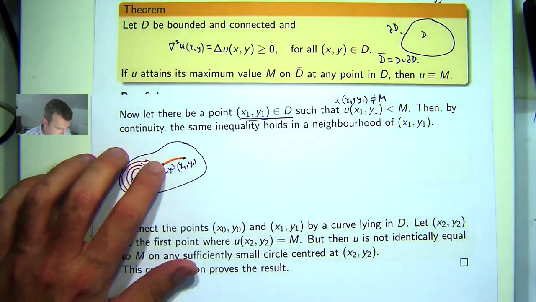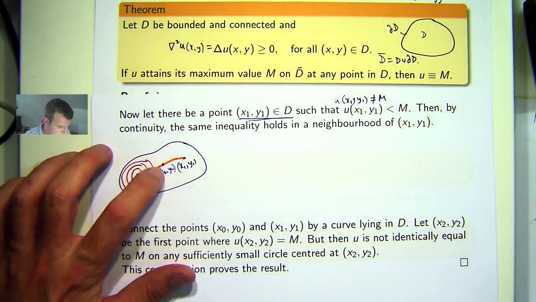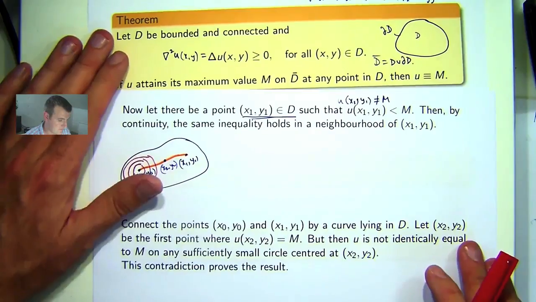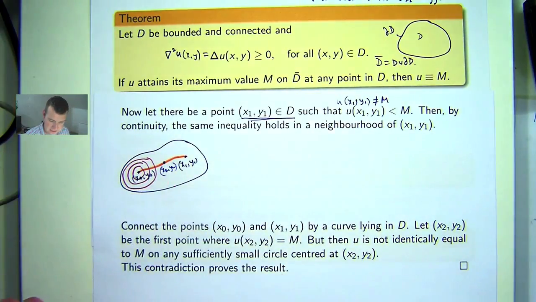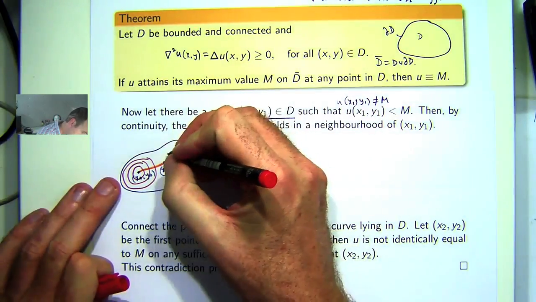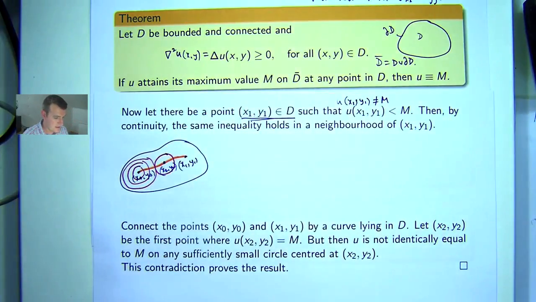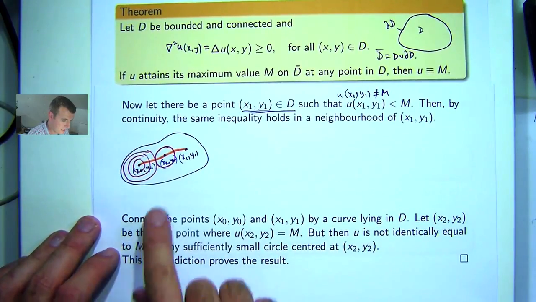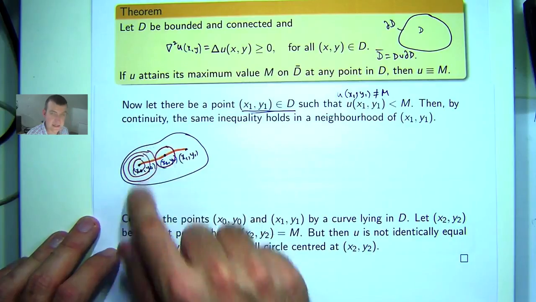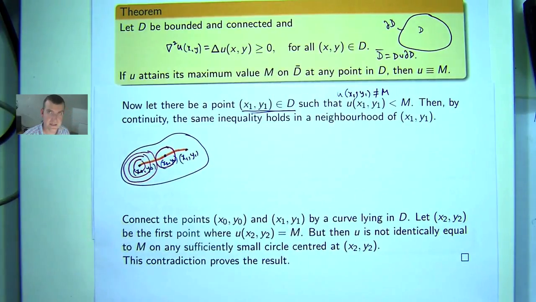Now at that point, u is still equal to big M, the maximum value, so it has all the same properties as this point here. So if I draw another circle around that point, u is identically equal to big M on this circle. But hang on.